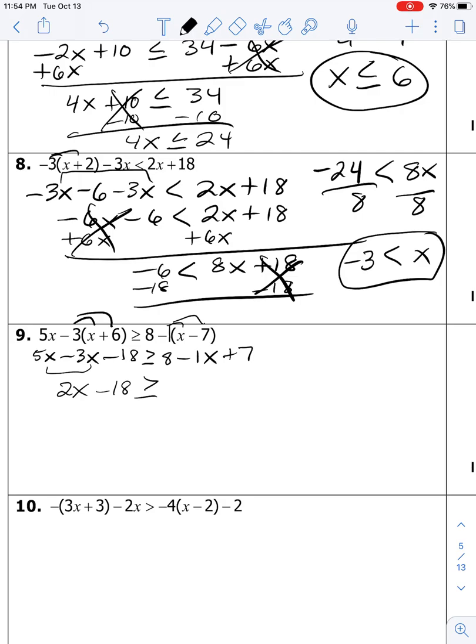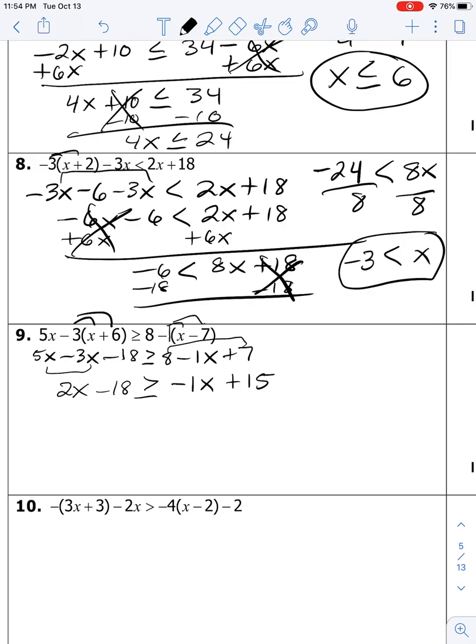And on the other side, we can combine the numbers. 8 and 7. So 8 plus 7 is 15. So we're going to drop down the -1x, and then we're going to put plus 15 because 8 plus 7 is +15. All right? So now you got 2 choices.